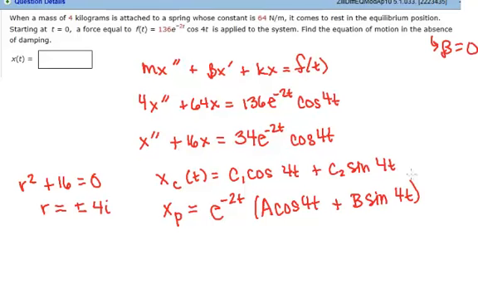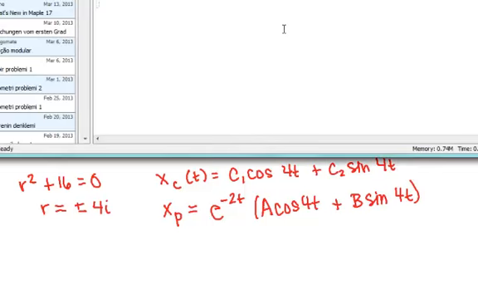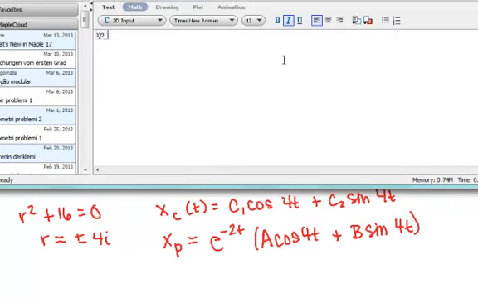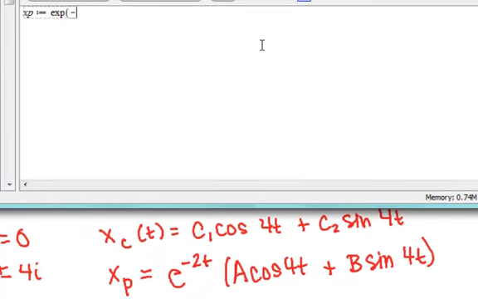It gets a little ugly. You could use Maple. Let me bring it up quickly. You could define xp to be e to the negative 2 times t times, I'll just use a capital A, times cosine of 4 times t plus b times sine of 4 times t.